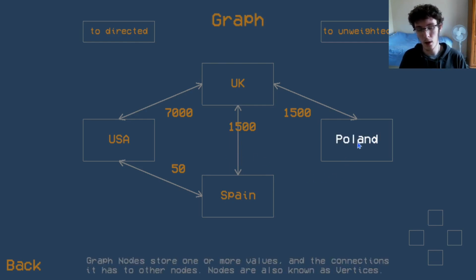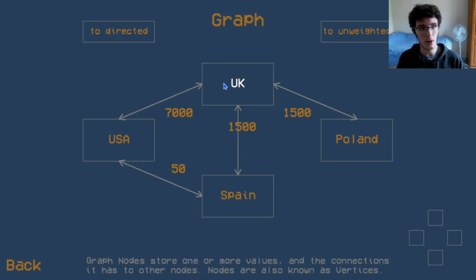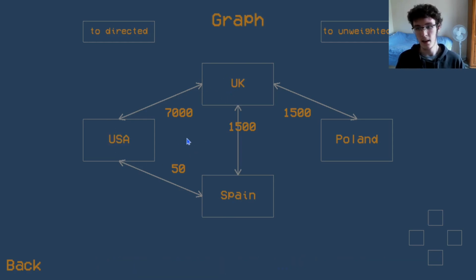So in this case, if I wanted to walk from Poland to the US, I would walk to the UK, I would then take the path to Spain and then walk from Spain to the US rather than going straight to the US. Now, I don't think walking between these four countries is a phenomenal idea, especially when it might involve crossing the Atlantic.